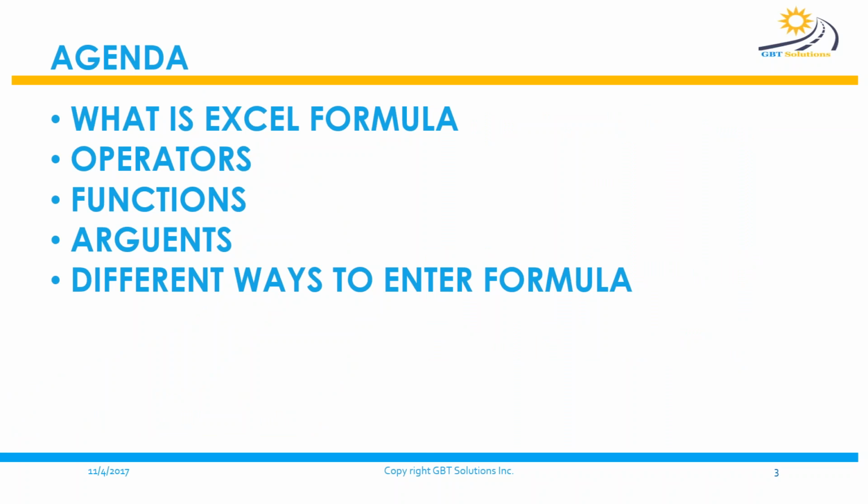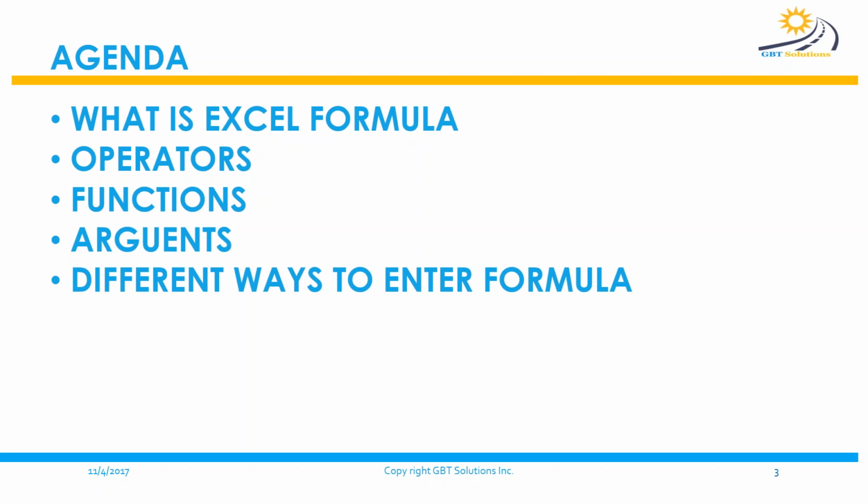And in this session, we are going to cover what a formula is. Also, we will talk about the different elements of a formula, which are the operators. We will cover the functions. What are the functions in Microsoft Excel?